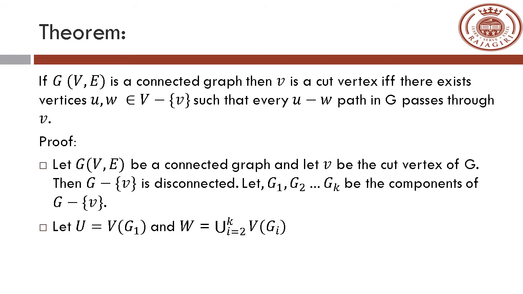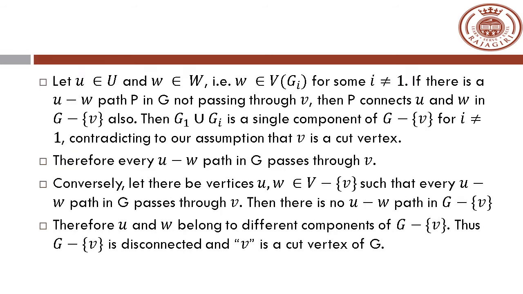Now we partition the vertex set into two such that the vertex set U contains the vertices of the component G1 and W contains all the vertices of the remaining components G2, G3, etc., Gk. We are selecting two vertices U and W like this.